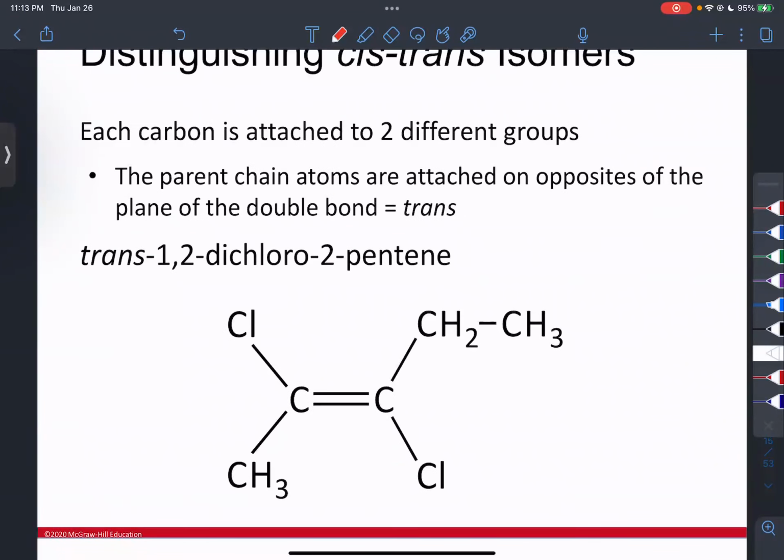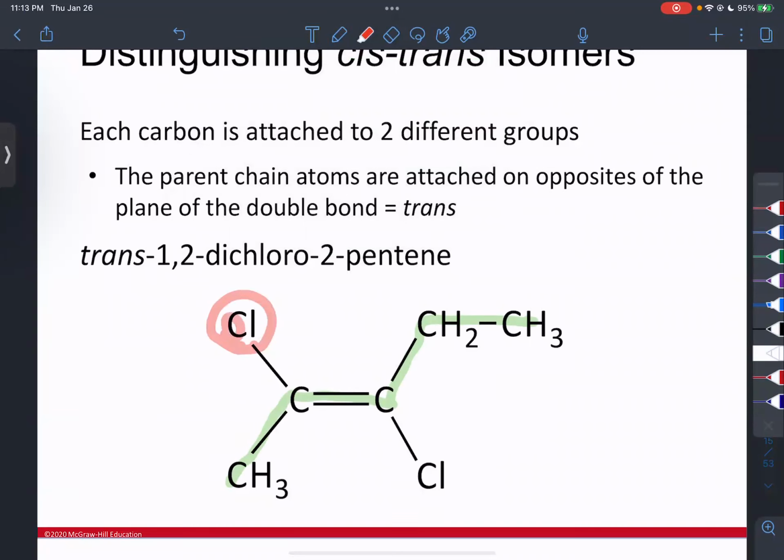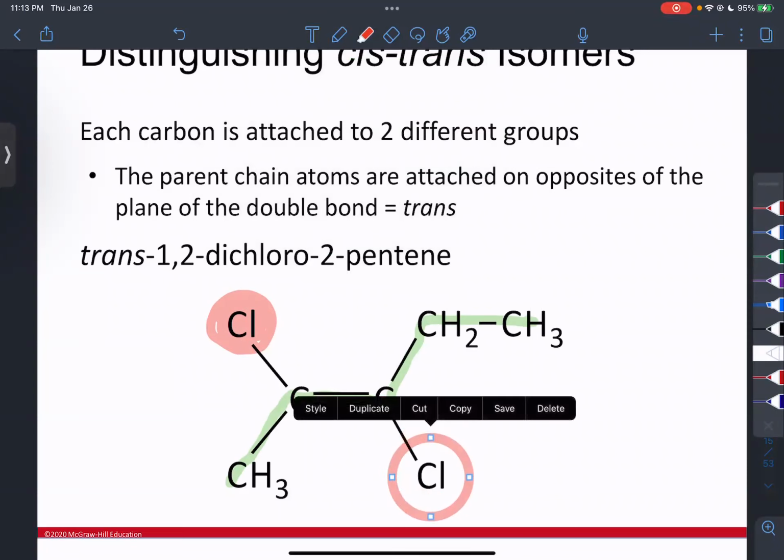So let's look at a few different ones. So here I'm going to highlight, I need a little bit lighter color. Okay. My main chain is always going to go through a carbon-carbon double bond or a carbon-carbon triple bond. So now I'm going to look at the groups that are attached to my molecule. I have a chlorine here. Then I have a chlorine here, right?